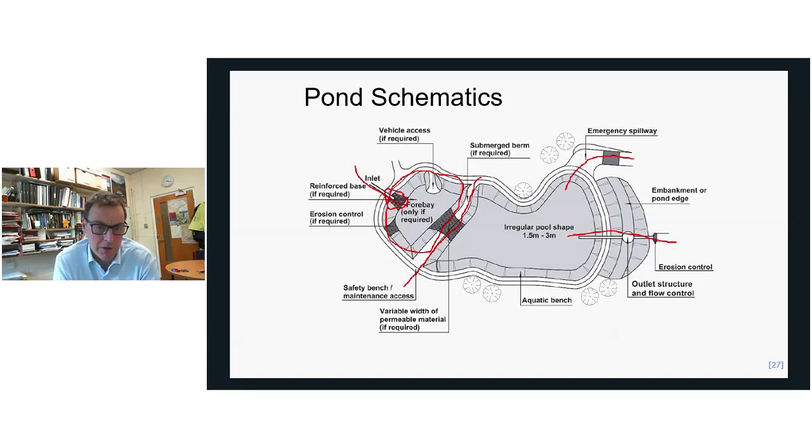So it means when it comes to maintaining them, you can focus on that area much more regularly than the rest of the pond. So I think there's some sense in that, which is good.